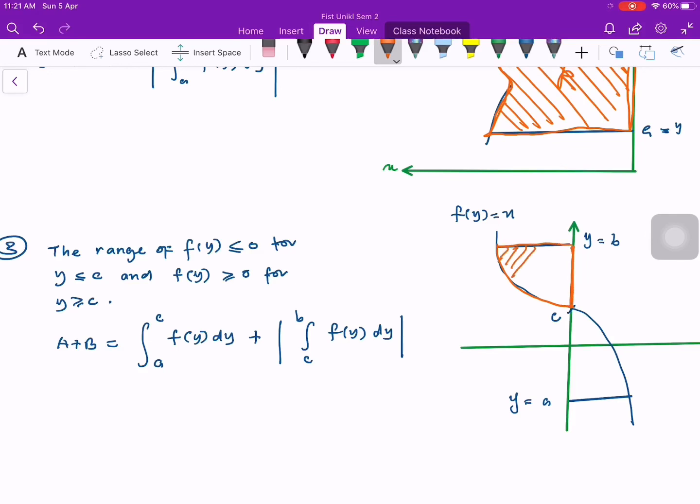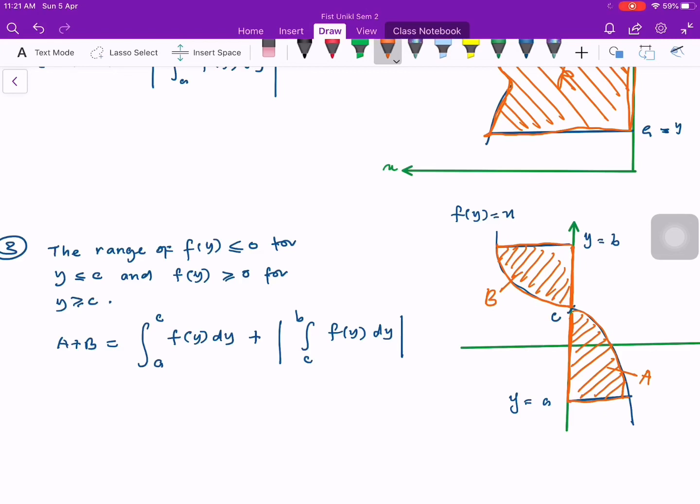So we will have the first region, katakan dekat sini saya setkan this region is equals to b. Okay, b, which means this is actually on the negative side, kita akan letak nilai positif, kita akan letak absolute. Okay, then function of f(y) with the y-axis, and also y is equals to a, we are going to have a second region on the positive side, which is kita letak dia sebagai a.